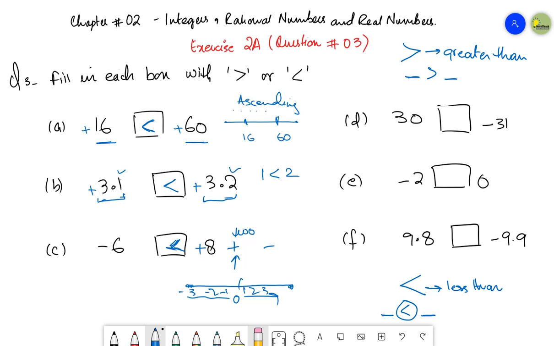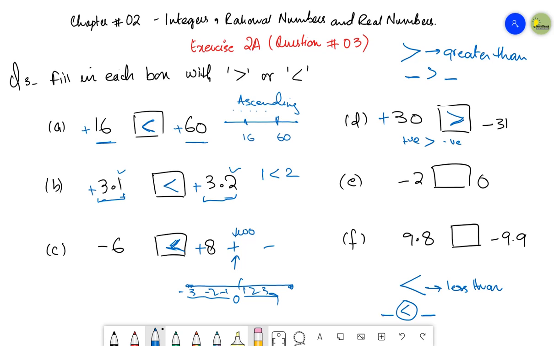Now moving towards part D. I have 30 and minus 31. Now I have a positive number and a negative one. I have already said that a positive number is always bigger than the negative one. So here I'm going to use the greater than sign. Why? Because plus 30, 30 is greater than minus 31.